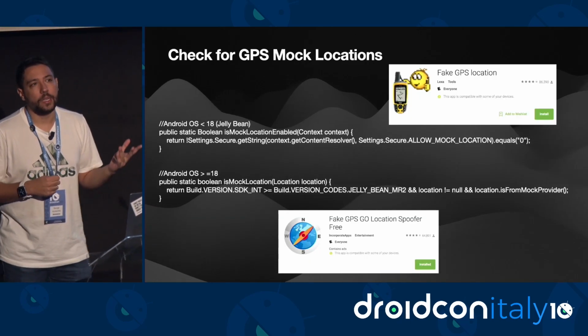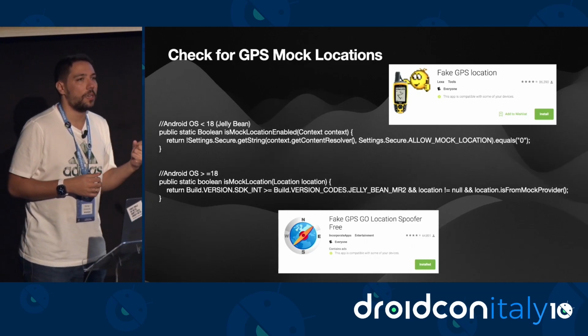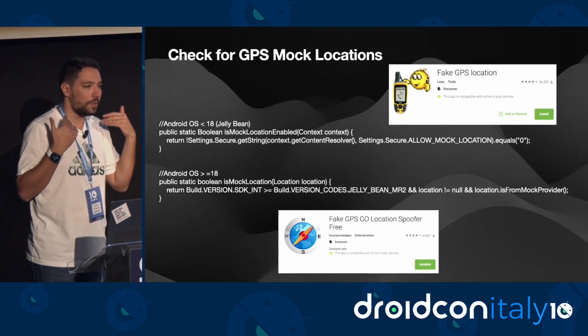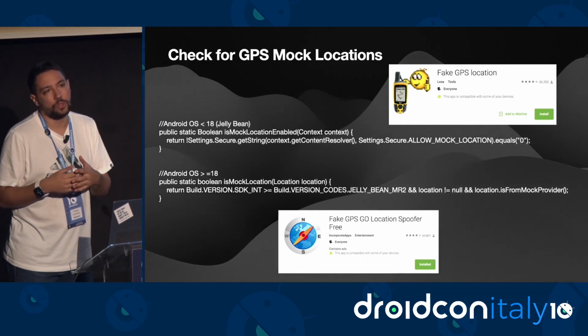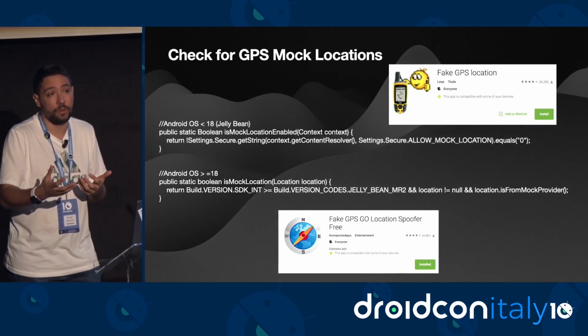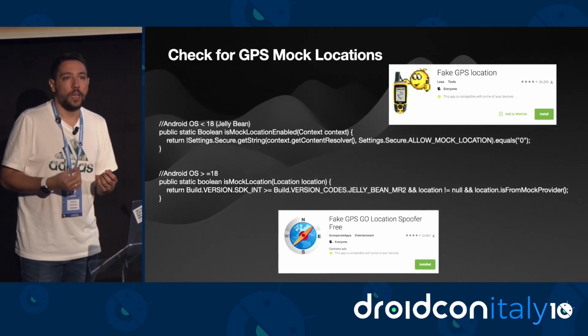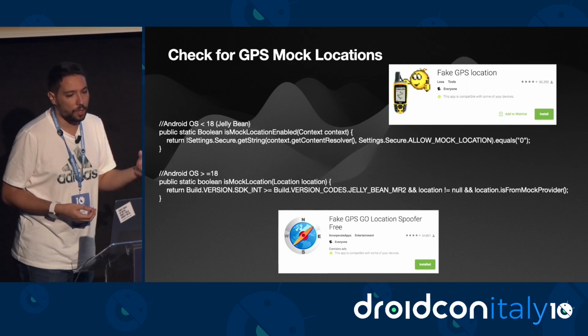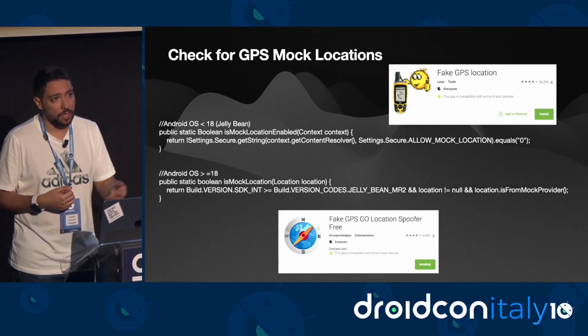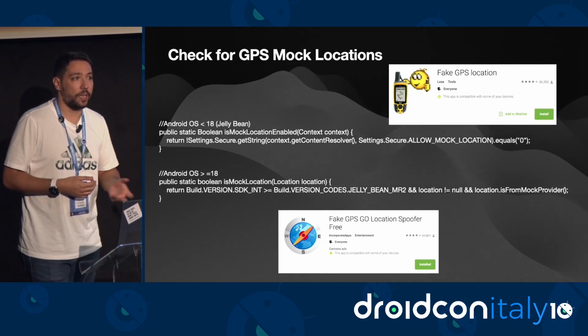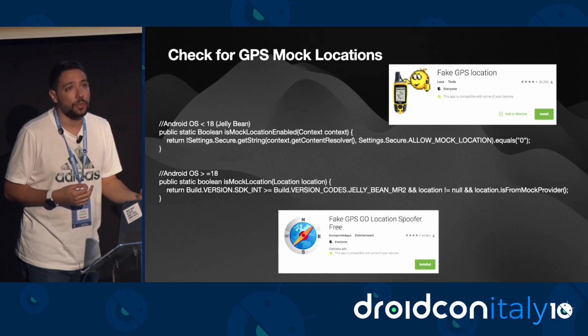So first, in case you're using an application that has location, don't just display the user location, or don't take for granted any sort of location that you receive from the operating system. There are quite a lot of tools that can just spoof and mock that location.